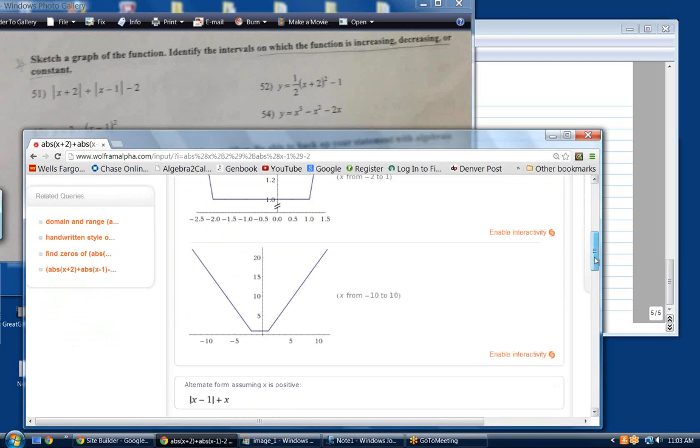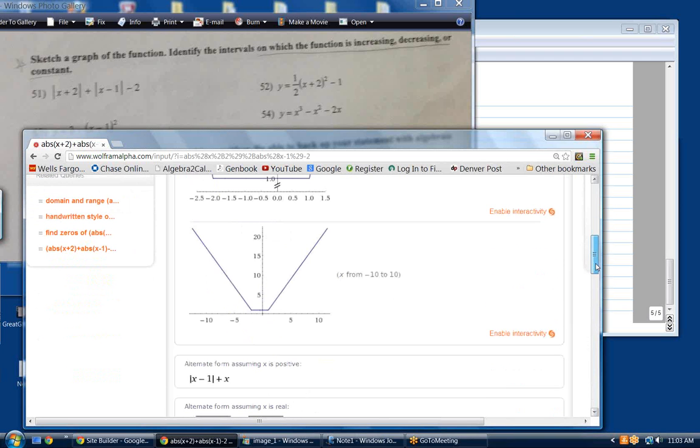I guess you're going to need to figure this out on your calculator. Well, you look for a certain point, like that point right there. It's decreasing from negative infinity all the way on the x-axis to that point right there.